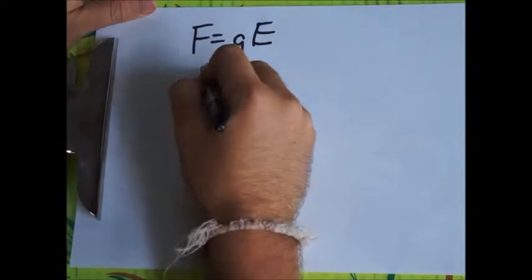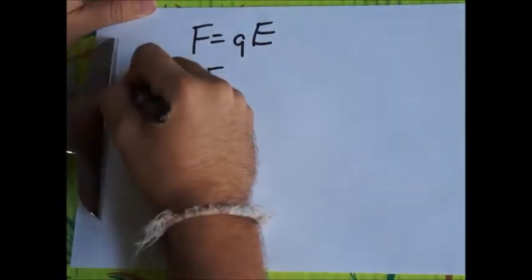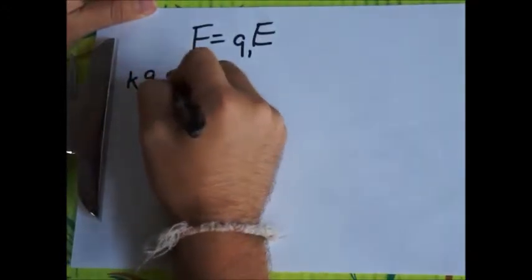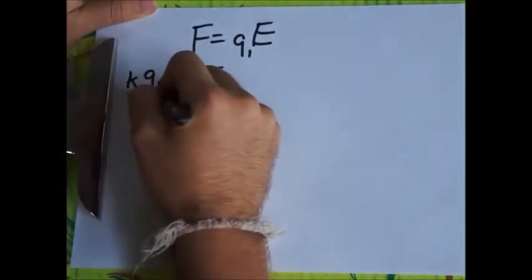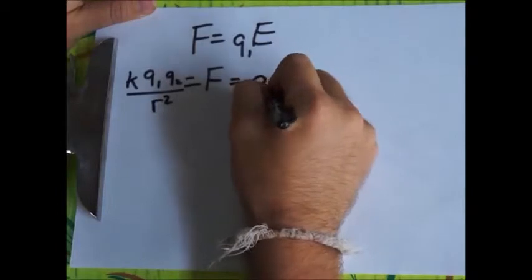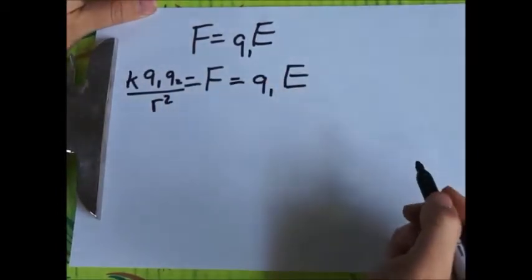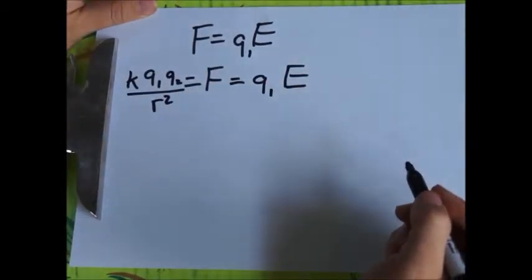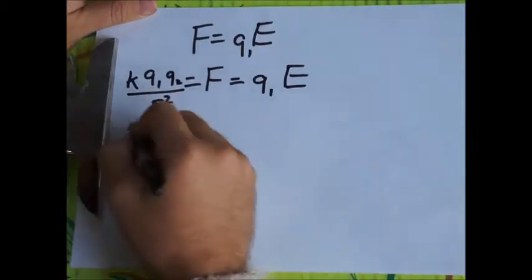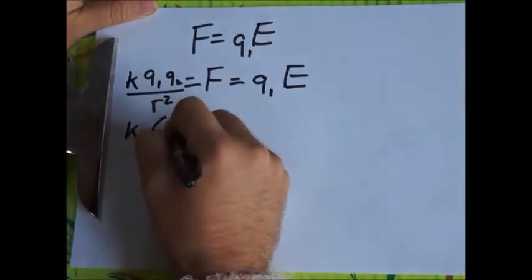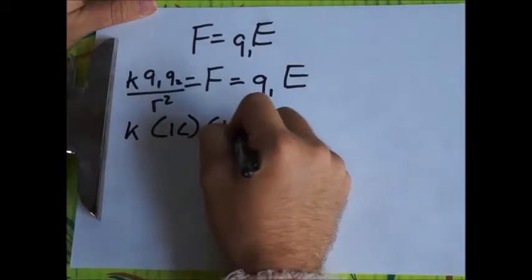And from Coulomb's law, we know that F equals K Q1, which we will take to be the charge of the point charge, 1 Coulomb, Q2, which we will take to be the charge of a proton, 1.6 times 10 to the negative 19th Coulomb, over R squared, R being the distance between the two charges, which we have said is 1 meter.